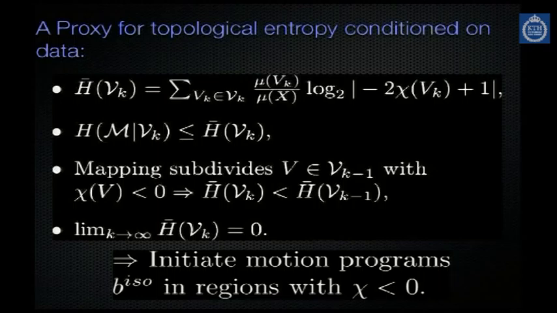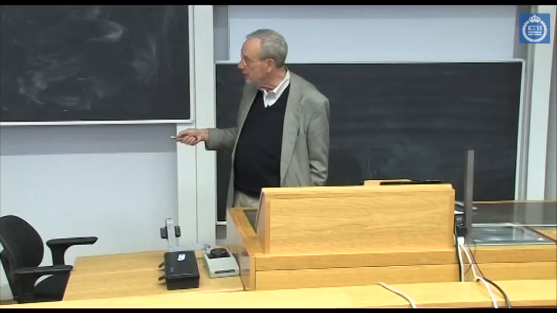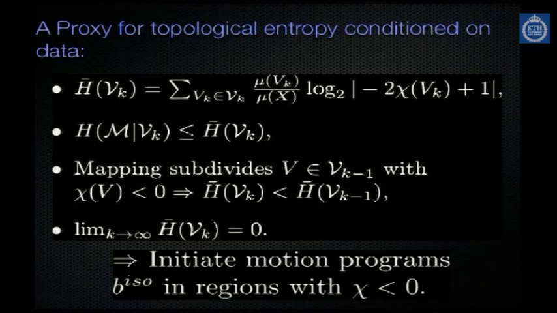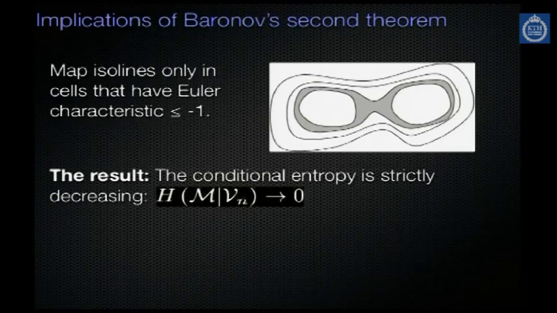And then the result is that if I take an element in a cell that has Euler characteristic less than 0, then the update that I get by mapping a contour within that cell is always going to strictly decrease this proxy for conditional entropy. So if I can drive this proxy to 0, of course, then I drive the actual conditional entropy to 0.